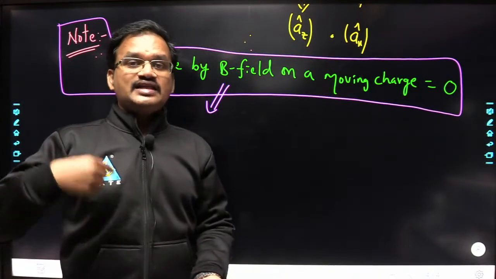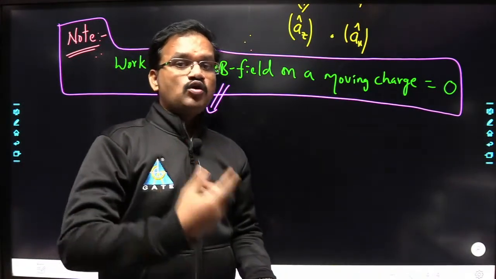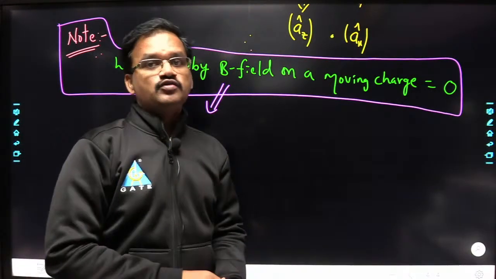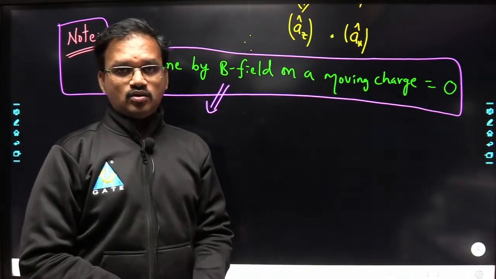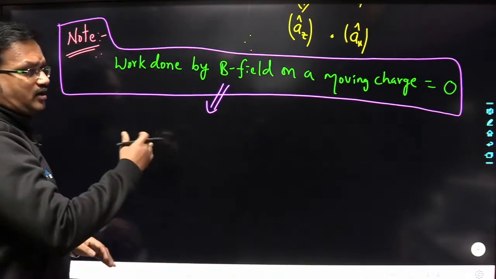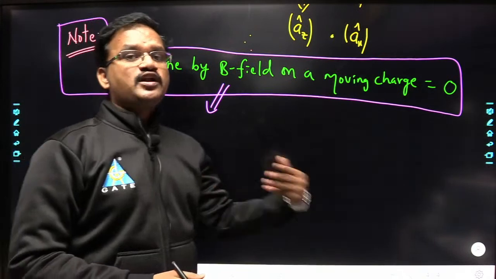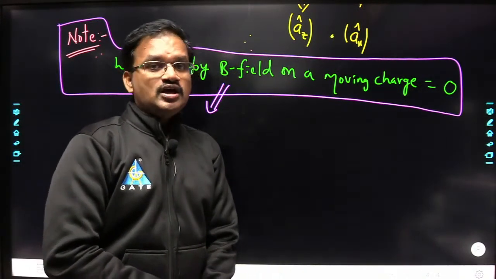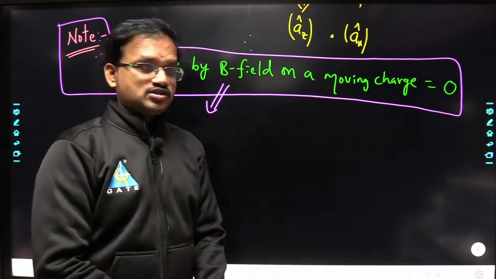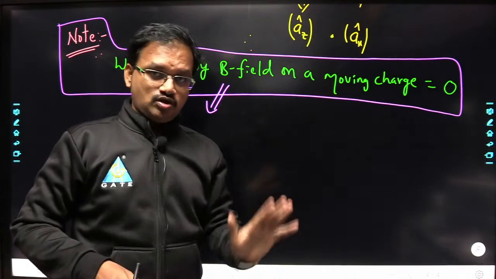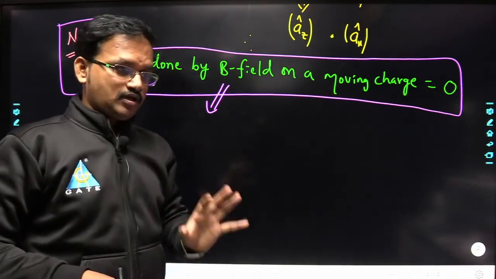So there will be no change in the speed of the moving charge moving in a uniform B field. A uniform B field is not going to alter the speed of the moving charge. This is the conclusion we can make.